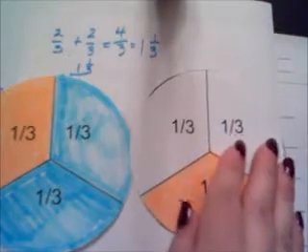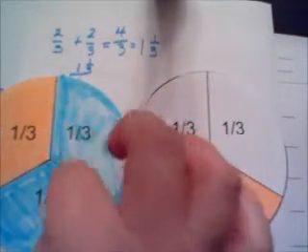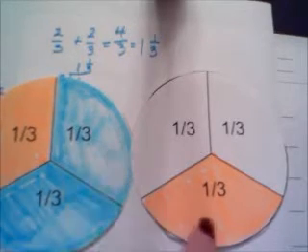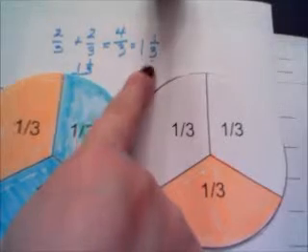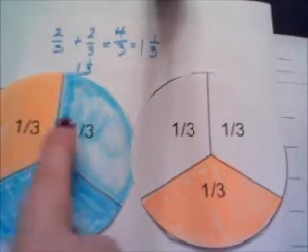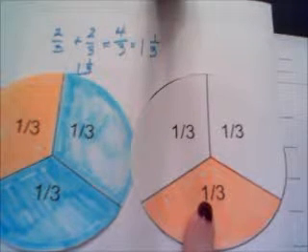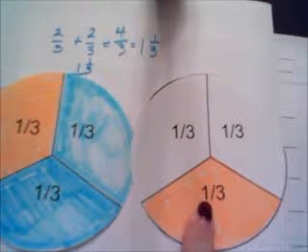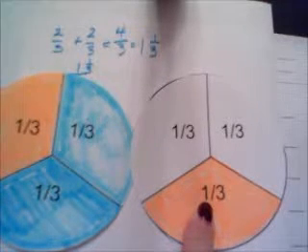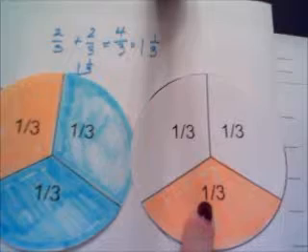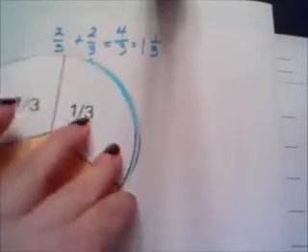Now, up here, I have my answer, 4/3. 2/3 plus 2/3 is equal to 4/3, okay? It's also equal to 1 whole and a third, okay? Now, that's the thing that you have to realize when you're looking at improper fractions. You are looking at more than one whole piece, okay?